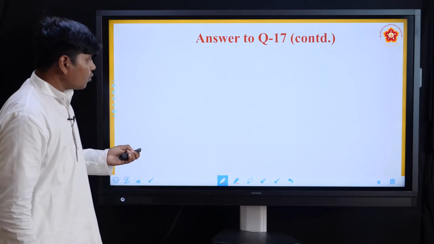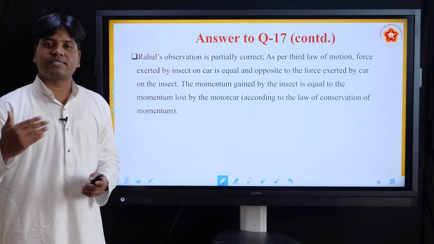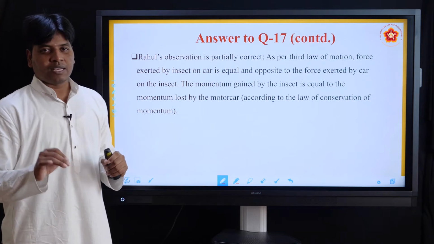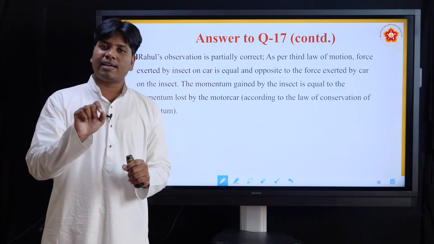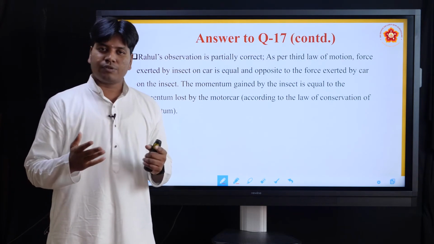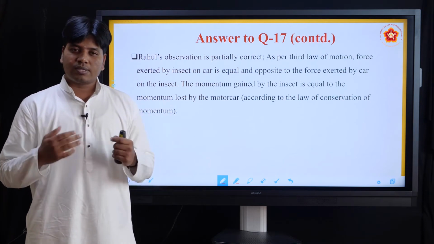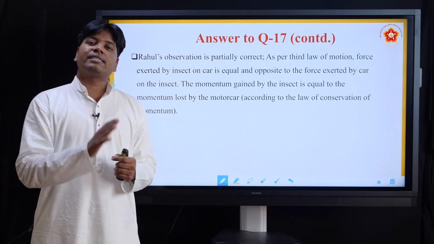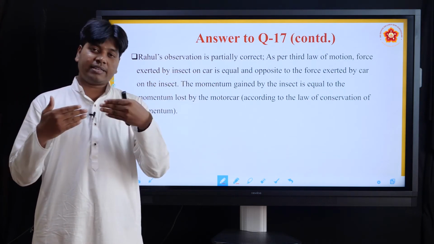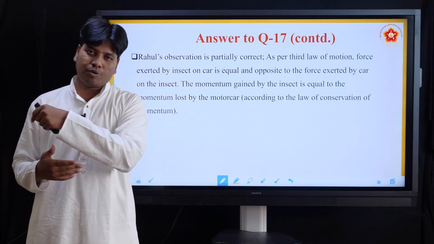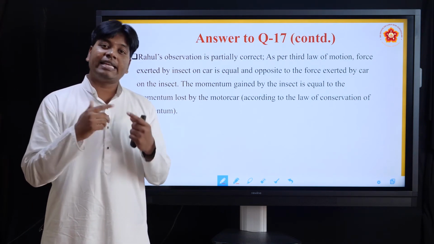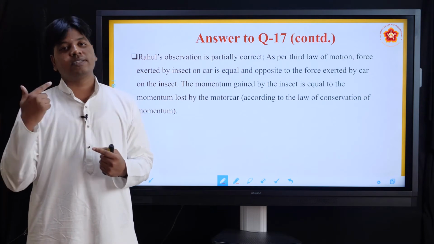Alright, so let us go and argue whether his observation is right or wrong. Rahul's observation is partially correct. Why is it partially correct? He said that the force experienced by the insect and the motor car are equal. Yes, it is equal because if you see Newton's third law of motion, action is equal to reaction. If the insect is applying a force on the motor car, then the motor car in turn applies a force on the insect in equal magnitude and opposite in direction.